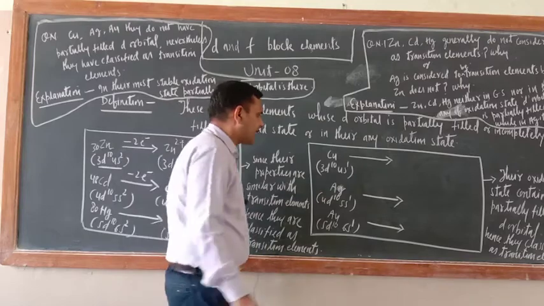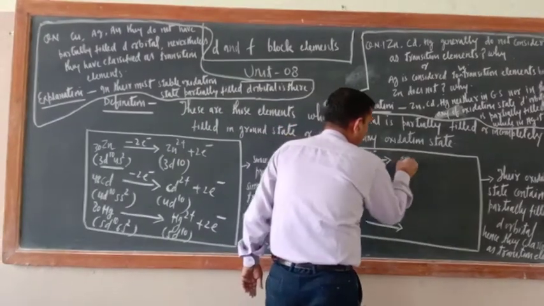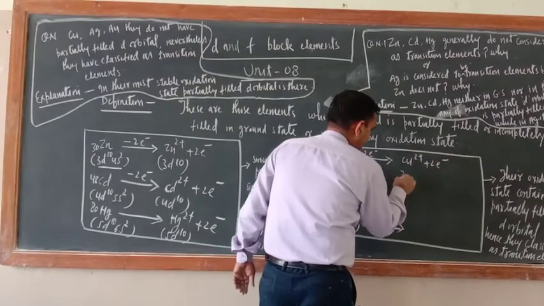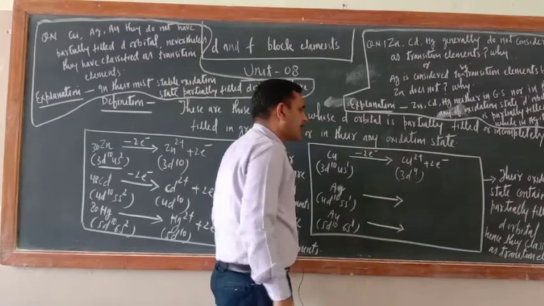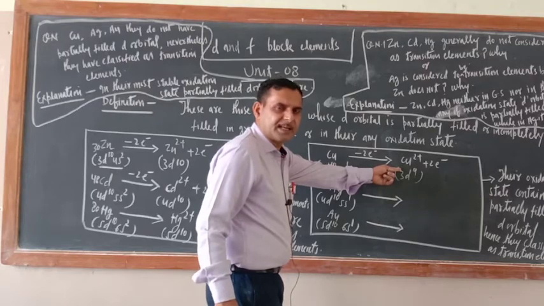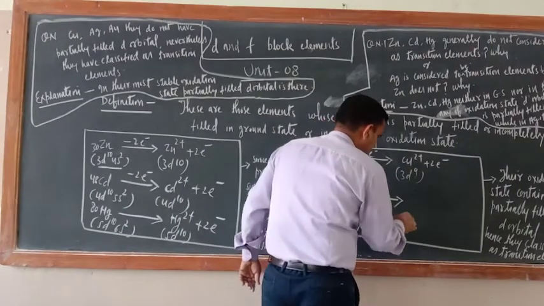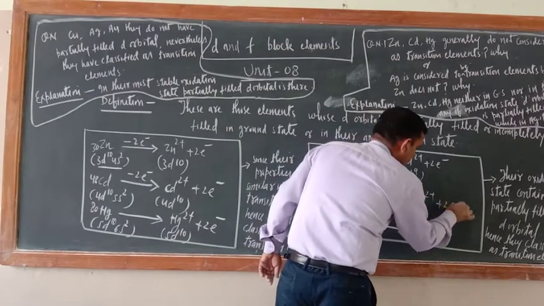But try to understand. If we remove 2 electrons from here, so now Cu2+ plus 2 electrons, here 3d9 will be there. Now just see, the d orbital is partially filled. Completely filled means 10, this is partially filled. Ag case also, just remove 2 electrons, Ag2+ plus 2 electrons.